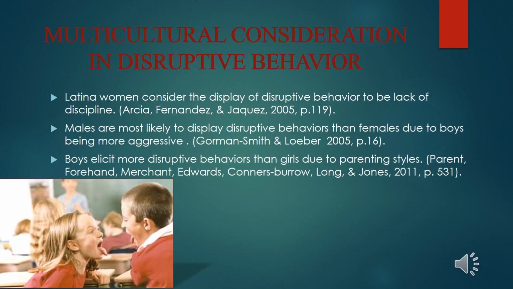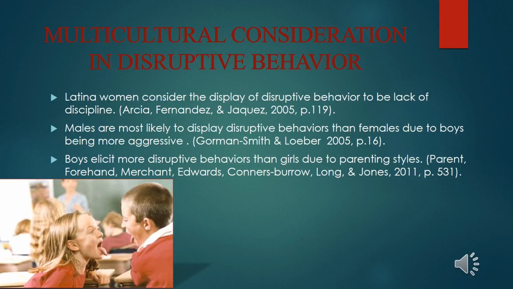Basically, when a child displays disruptive behavior and there are no consequences, no form of discipline by a permissive type of parent, it could lead to more of that behavior being displayed. Permissive parenting and harsh discipline not consistently used leads to more disruptive behavior in boys.